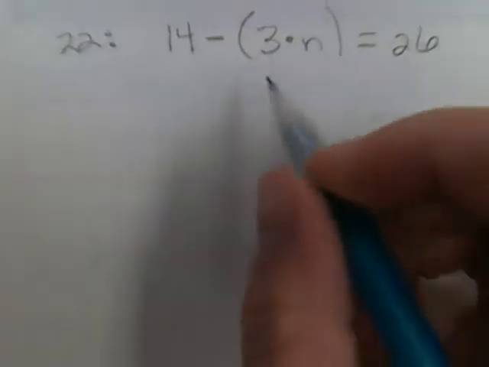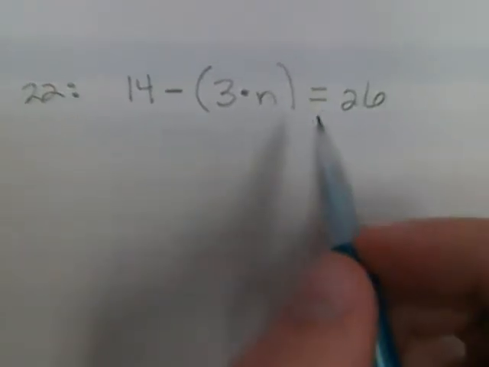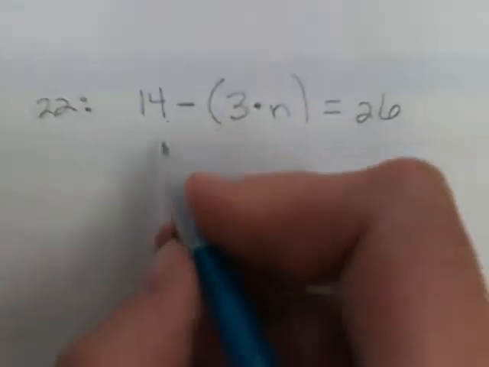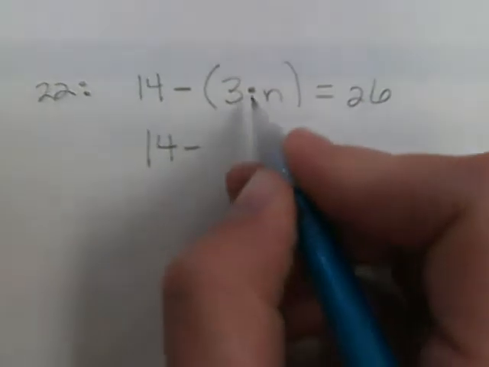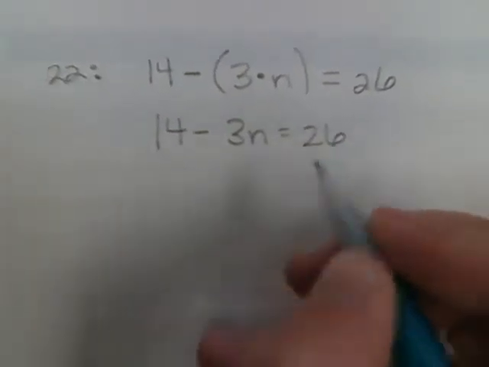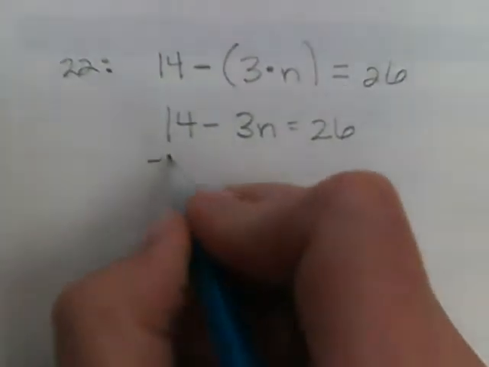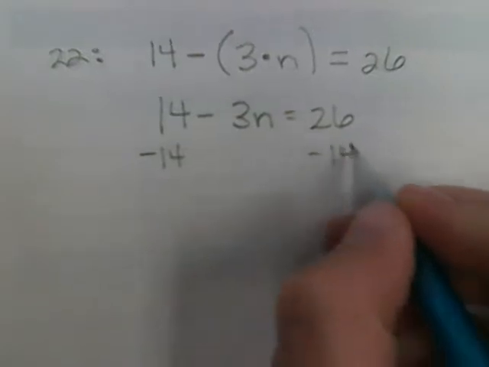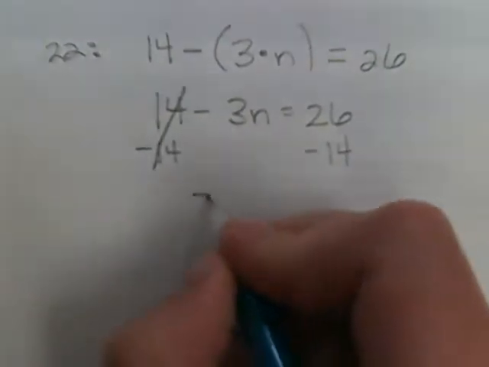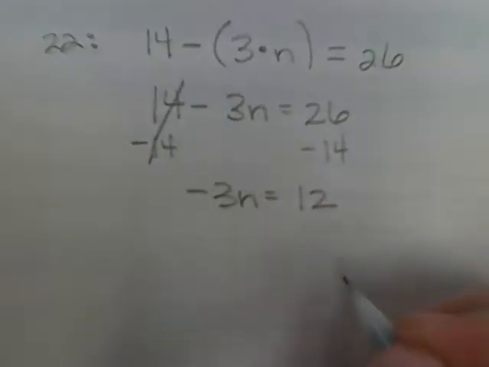26. Now, not only do I have to write the verbal sentence as an equation, but I also have to solve it. Remember, with order of operations, we start inside, so this would be 3 times N is 3N. Then I want to keep my variable on the left-hand side, but I want to move my constant over. That gives me 12.